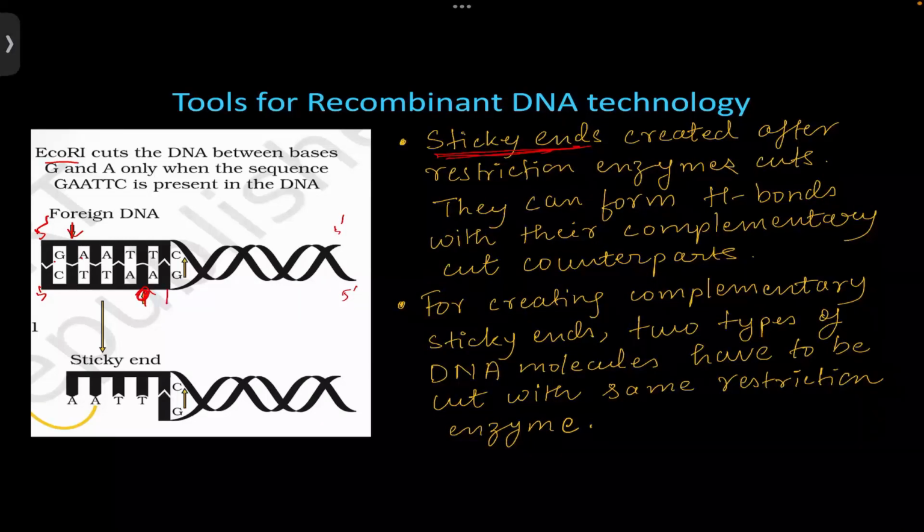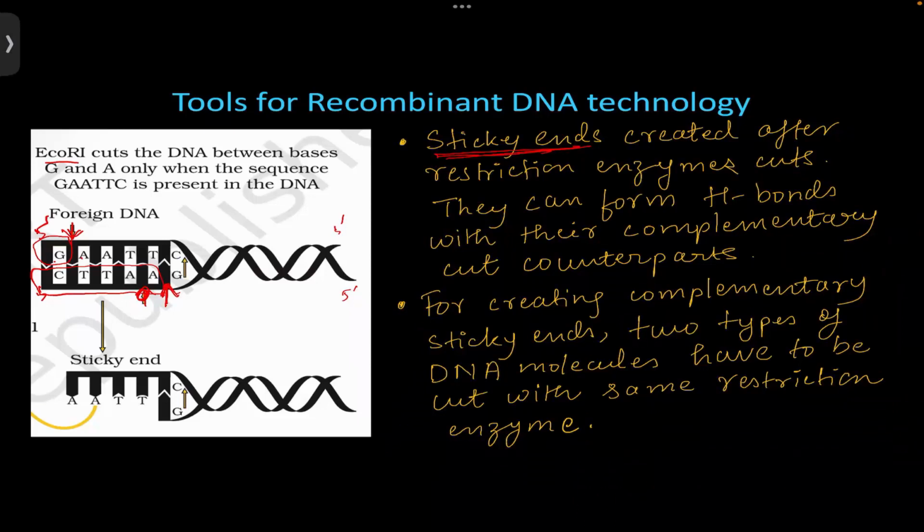The cut will be between G and A on both the strands, so this particular section gets removed, and here also this particular section gets removed. What is the remaining section then?